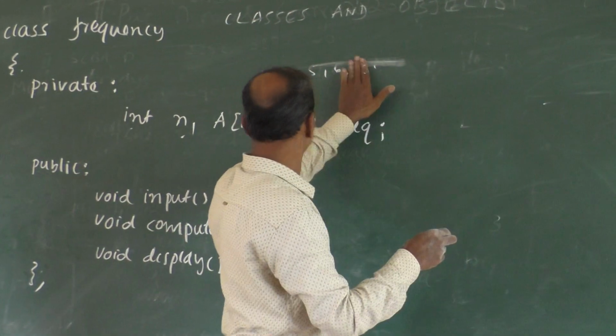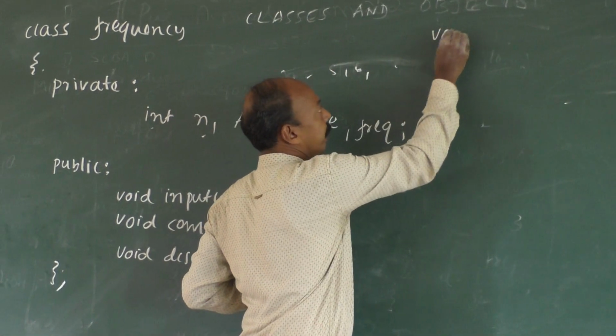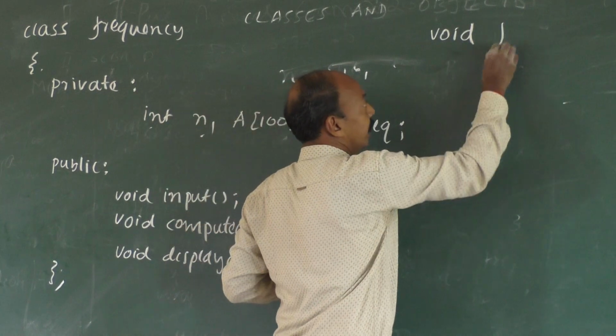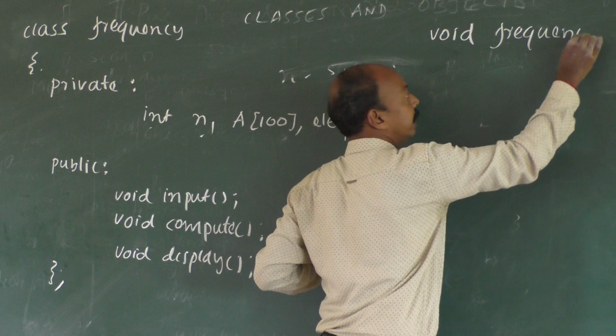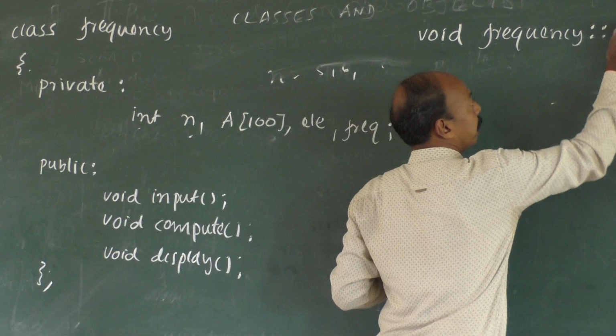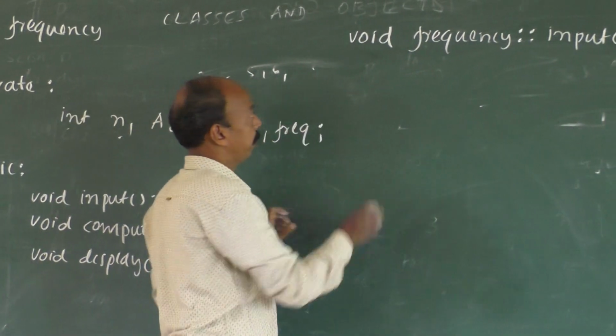Now we shall write the first function. So return type is void. Function name, before that class name we have to write frequency. Then comes scope resolution operator, then input. Input is the function name.